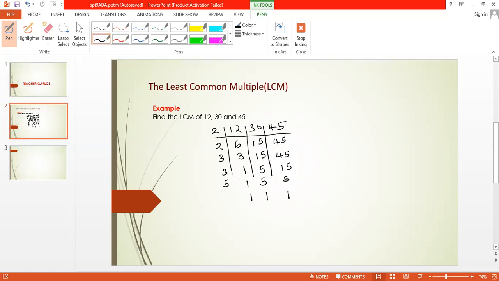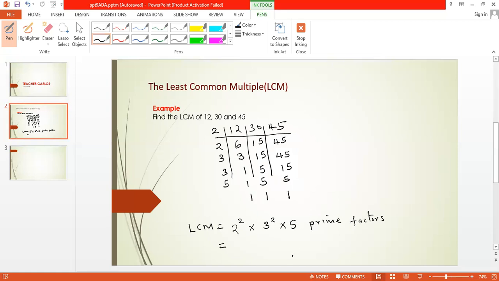So we have 2 times 2, which is represented by 2 squared, multiplied by 3 times 3, that is 3 squared, then multiplied by 5. This is basically our LCM given in prime factors. But we can also put it as a number.